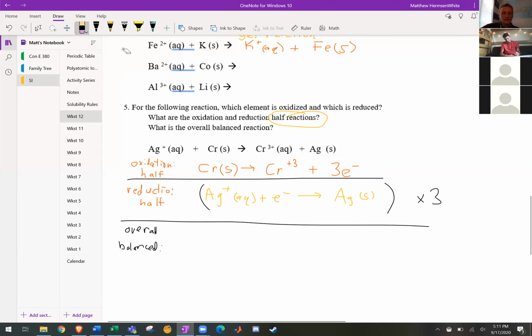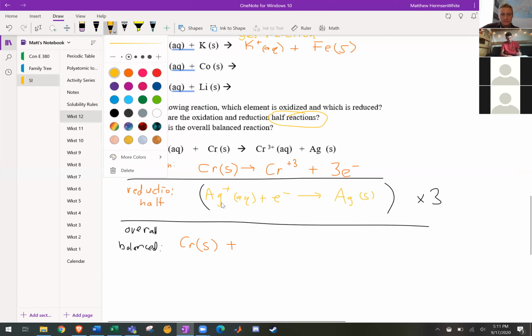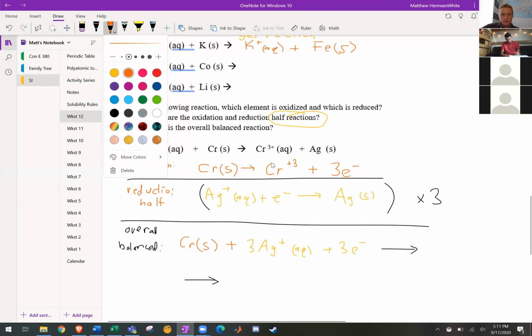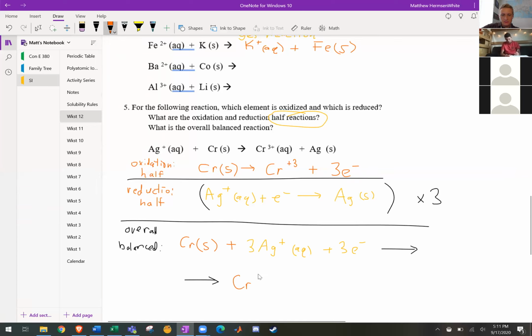Now let's write down the overall what we have. So we have chromium solid. I'm just taking what we have above, plus we have silver, but we're going to have 3 silvers, aqueous, and we're going to now have 3 electrons, and this is going to go to, so I just took all of this stuff on the reactant side, chromium 3 plus, aqueous.